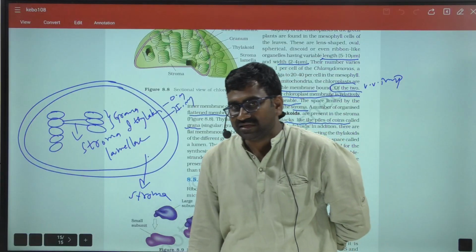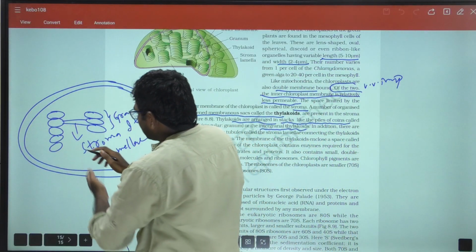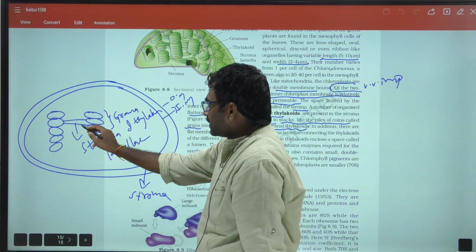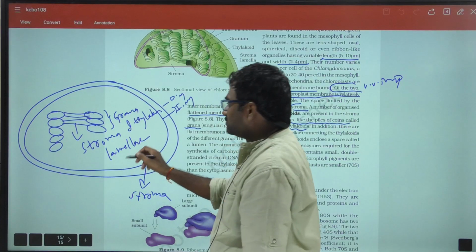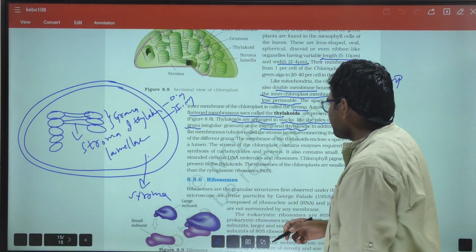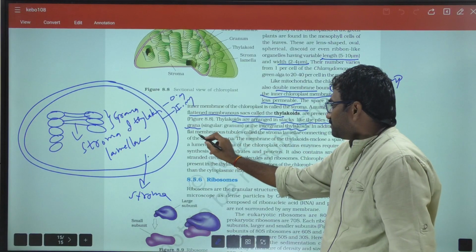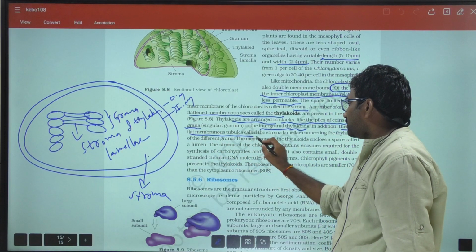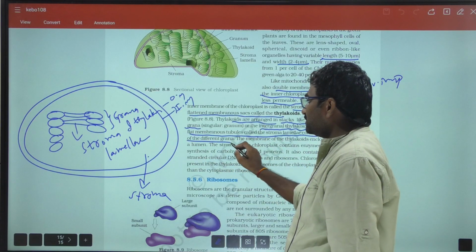They are linked by a tubule-like structure called stroma lamellae. In addition, there are flat membranous tubules called stroma lamellae connecting the thylakoids of the different grana.